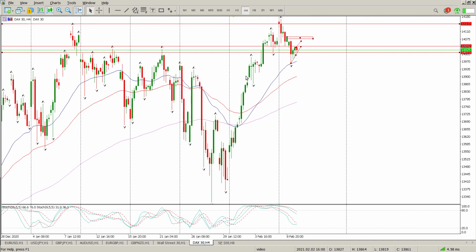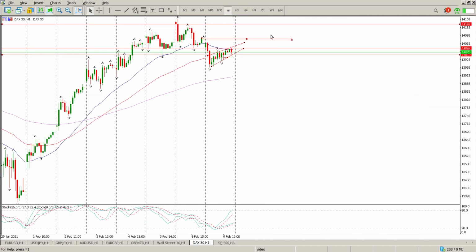Anyway, I think for me the buyers are stepping in here. It does look like another leg up, but possibly just a little leg to create a bigger higher low before a stronger move to the downside. So when there's this much confusion in the DAX at the moment, my advice is just keep your money in your pocket, wait for some structure and see what's going to transpire.